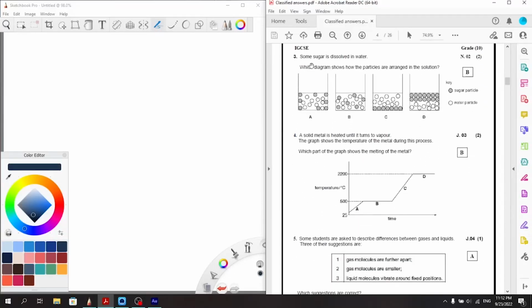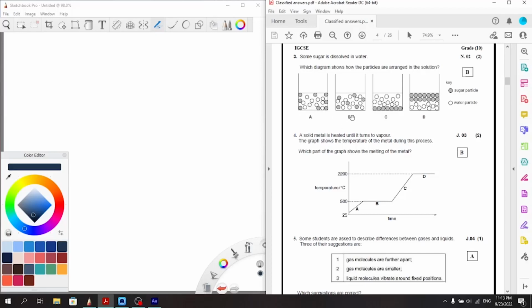Question 3. Some sugar is dissolved in water. Which diagram shows how the particles are arranged in the solution? And we have the sugar particles represented by a gray circle, while the water particles are the white circles. In A, we see some sugar particles floating up while others are down, so they are just randomly distributed.